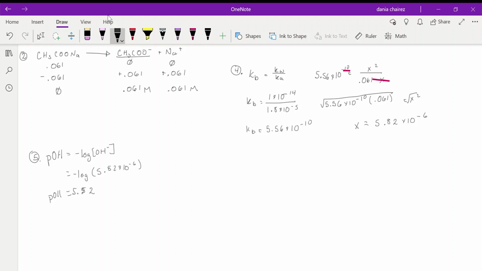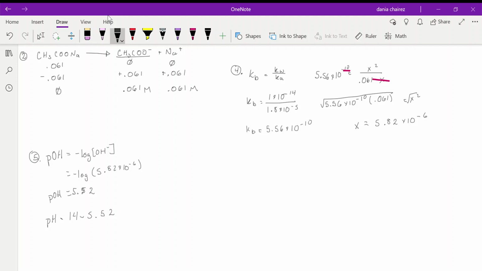Let me do that math again because I feel like I wrote down the wrong number.